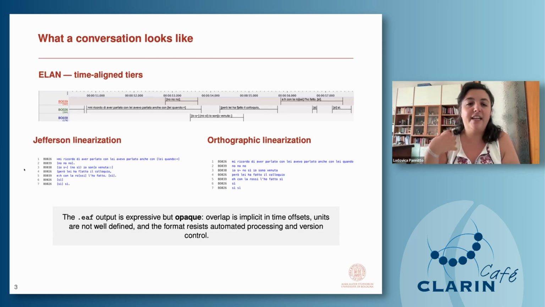This was great for those purposes. And the ELAN format is very expressive in terms of conversation, but very opaque in terms of reuse and automated processing, NLP downstream tasks, and version control.